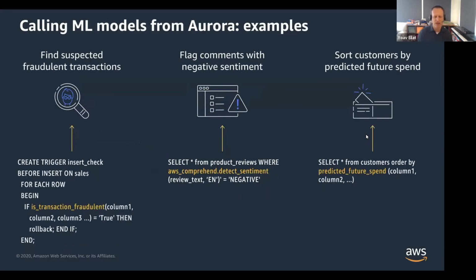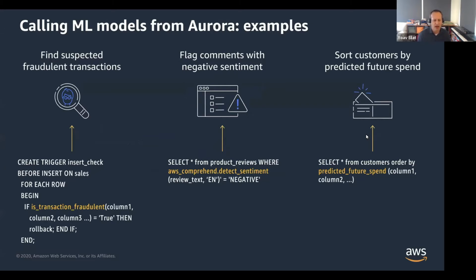Okay, so before we go into the gaming example, I just wanted to show a few other examples of what the SQL statements might look like. The first example is when you're looking for fraudulent transactions. That's obviously a very common use case where you might want to use machine learning.